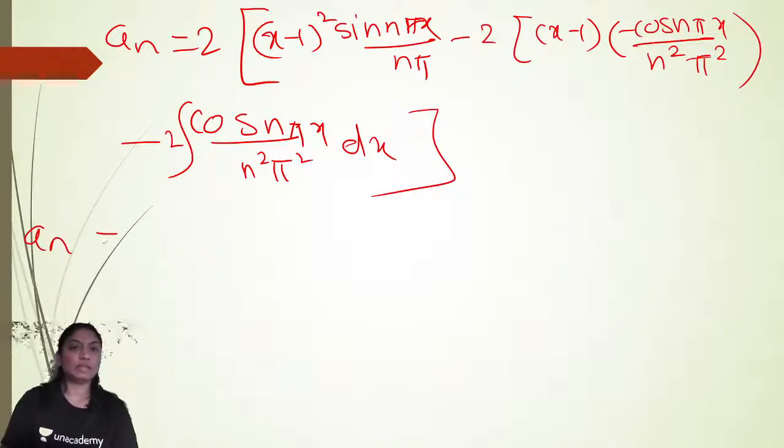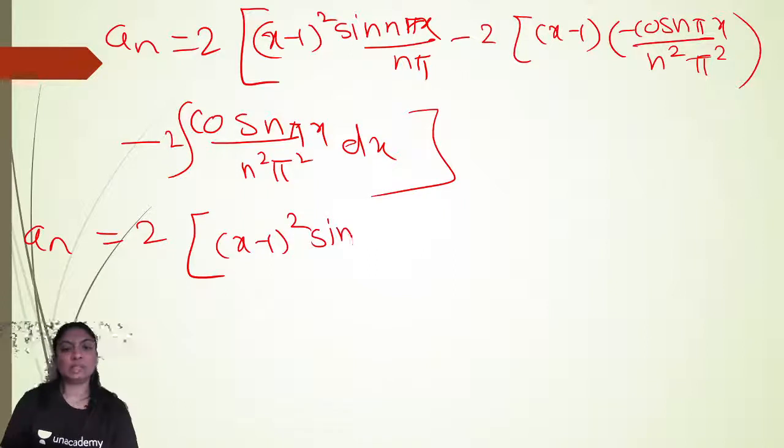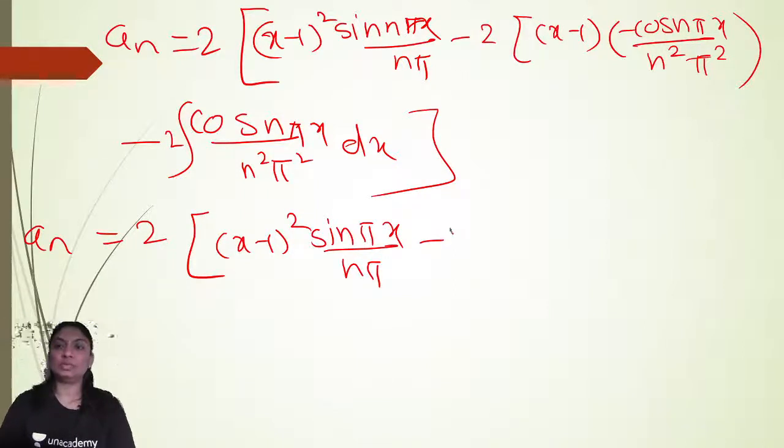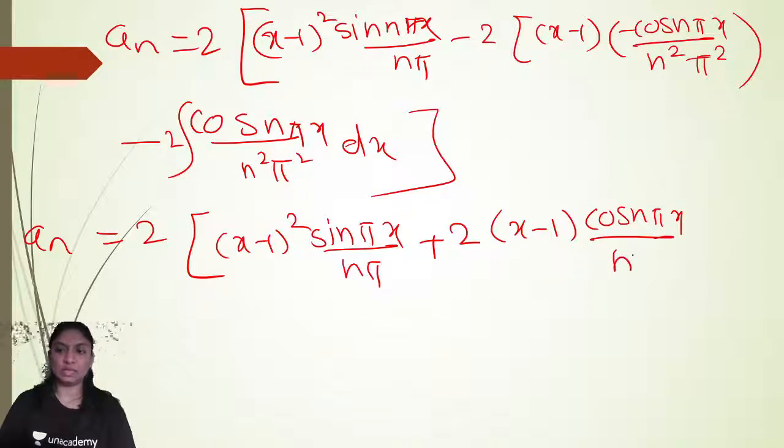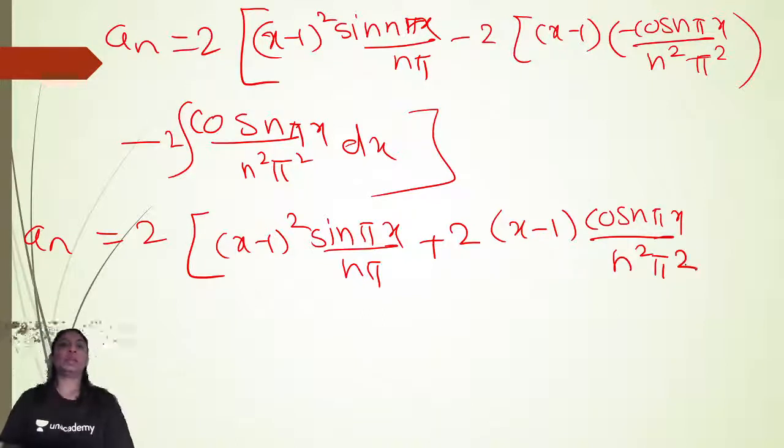So here n is equal to 2 into bracket x minus 1 bracket square sin n pi x upon n pi, minus 2. Now this minus and this minus becomes plus 2 into x minus 1, right, into cos n pi x upon n square pi square.